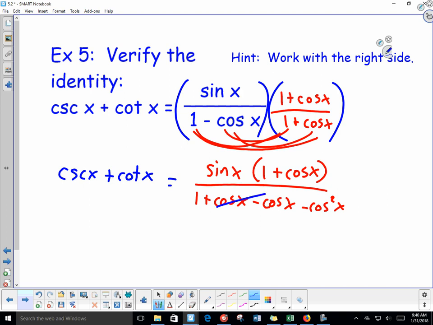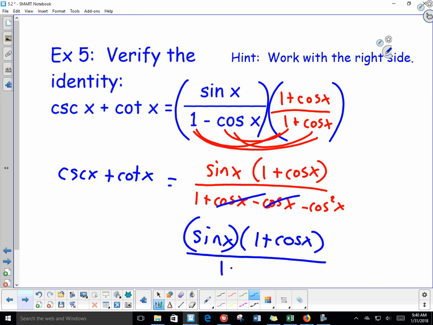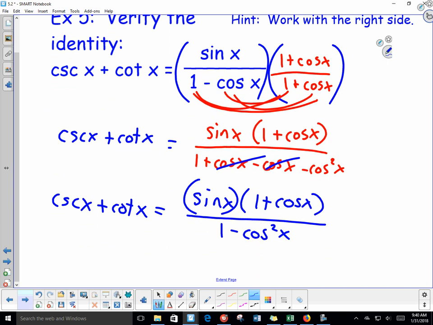The cosine x's are subtracting off here, so I have sine x times 1 plus cosine x over 1 minus cosine squared x. Again, trying to show it's equal to cosecant x plus cotangent x, so keep that left side going as we're simplifying the right side. Okay, what is 1 minus cosine squared?